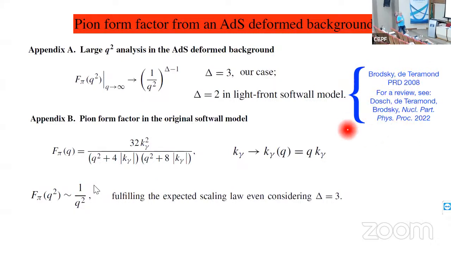They have a lot of works and reviews. I just mentioned this most recent one here. So they have these nice pictures. In our case, when we modify the infrared scale to be a function of the momentum of the photon, then we have a form factor that has some more interesting dependence on Q. And in this case, we reobtain the expected 1 over Q square regime.